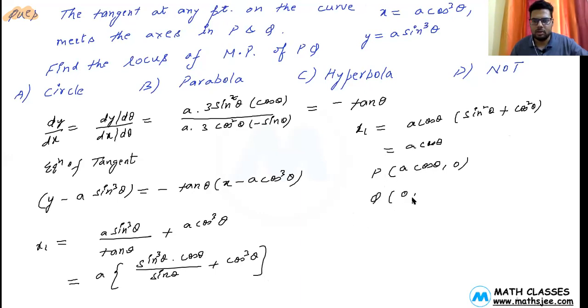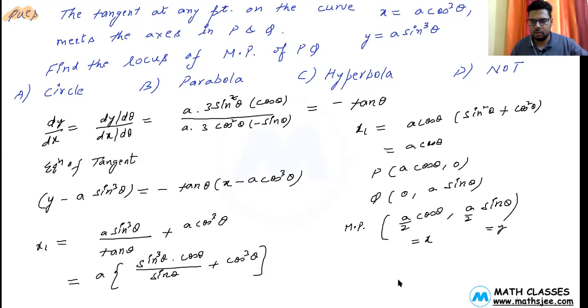And similarly you can get the point Q, 0 comma a sin theta, and the midpoint becomes a by 2 cos theta and a by 2 sin theta. Clearly you can assume this to be h comma k, or directly take it as x and y.